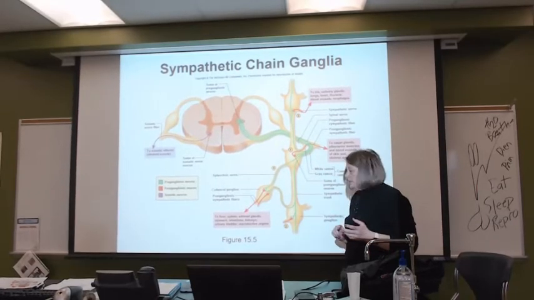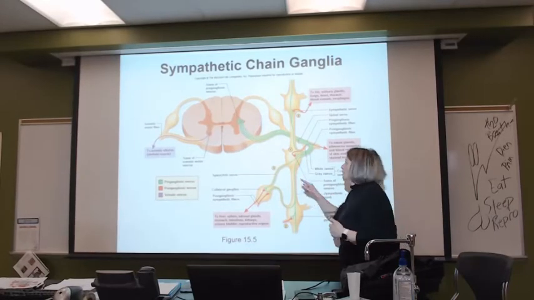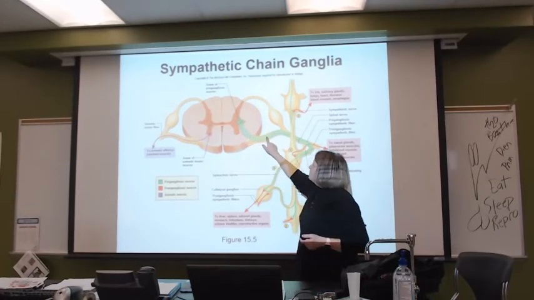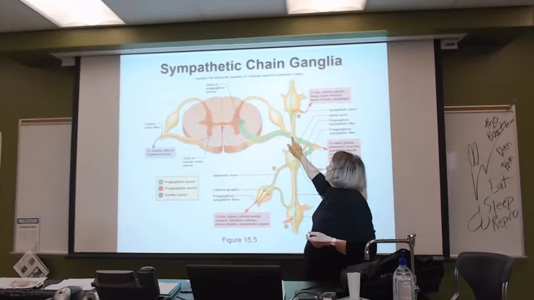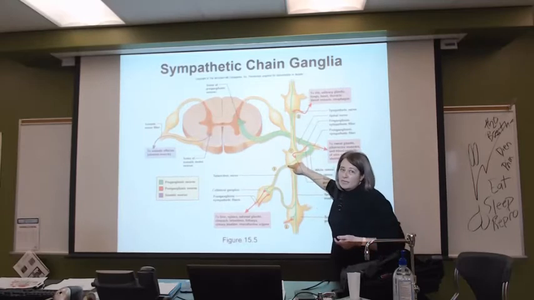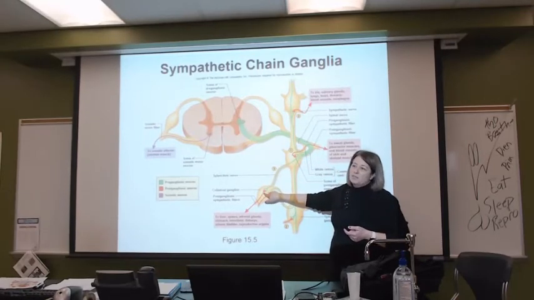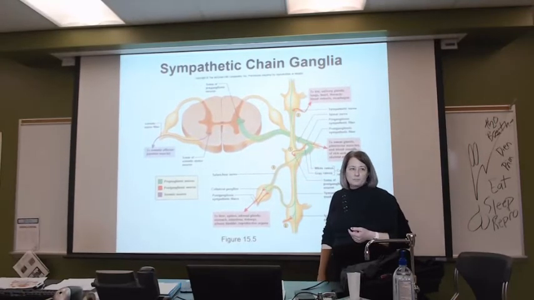Okay. I'm going to look up here now to the third one. I'm going to follow it, follow it, follow it. It's going by the route. It's making a U-turn. This time, it didn't take a pit stop in the ganglia of the chain. It kept going, made its way to some of those collateral ganglia.